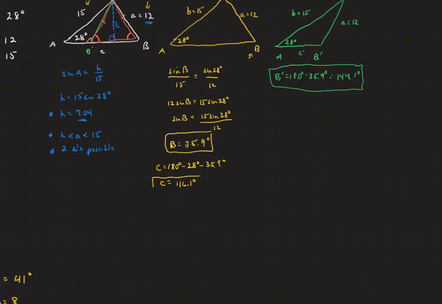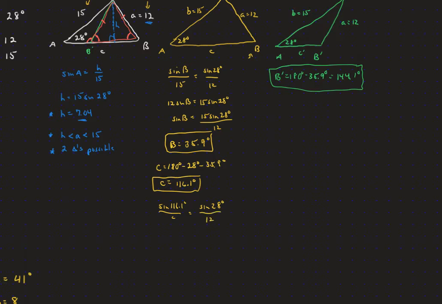So we know angle C, and then we can find side c off here. So we can say the sine of angle C over side c, and I would go with the ones that we were given. I have more confidence in those. So sine 28 degrees over 12.